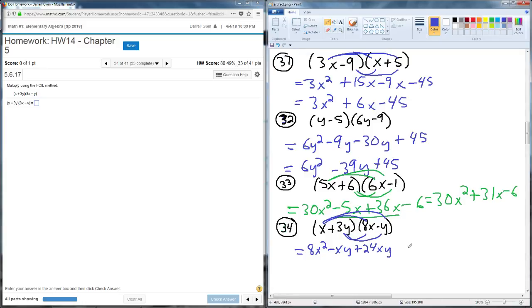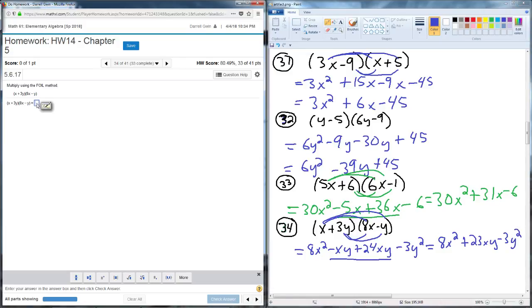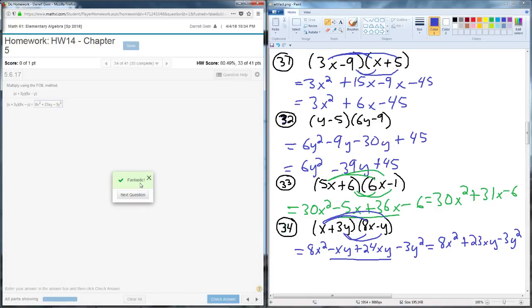And 3y times negative y is a negative 3y squared. Combine like terms, we have 8x squared. These are the like terms outer and inner, so we got negative 1xy plus 24xy is going to be 23xy minus 3y squared. Let's type this answer in. 8x squared plus 23xy minus 3y squared. Enter. Fantastic. Moving on.